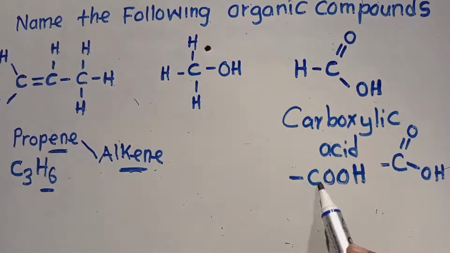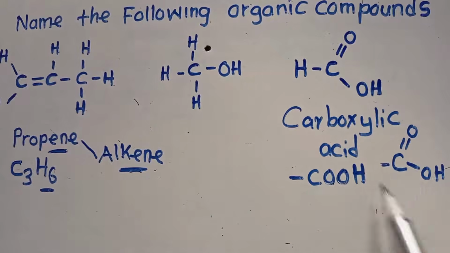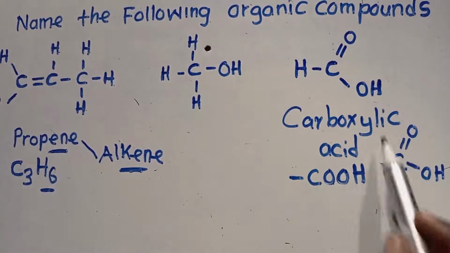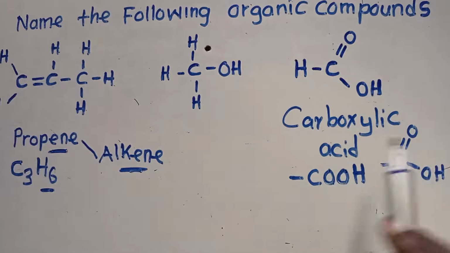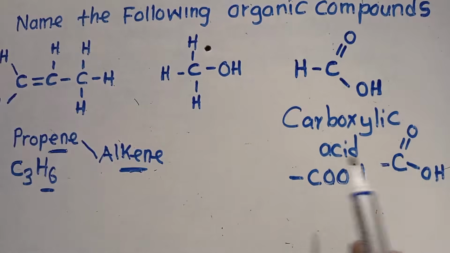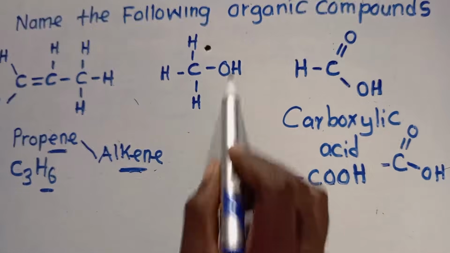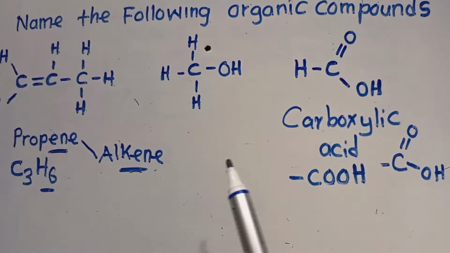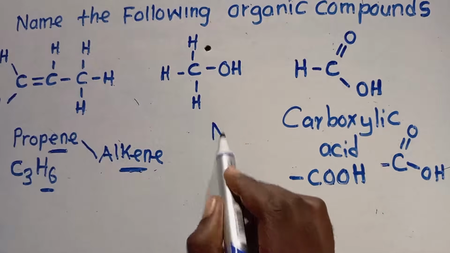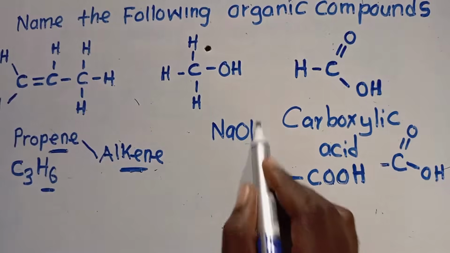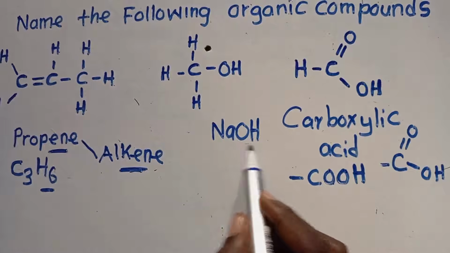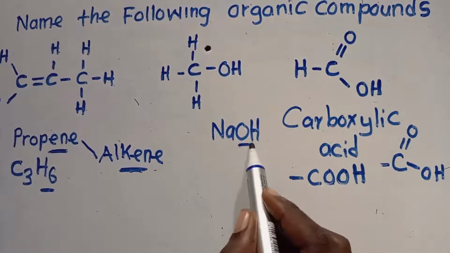So whenever you see COOH in an organic compound, just know that we are talking about a carboxylic acid. This is an acid. And the moment you notice the OH group in an organic compound, I'm talking about organic compounds, some people can be confused. You just see something like this, then you say, okay, Tutor Harrison said that this is an alcohol.